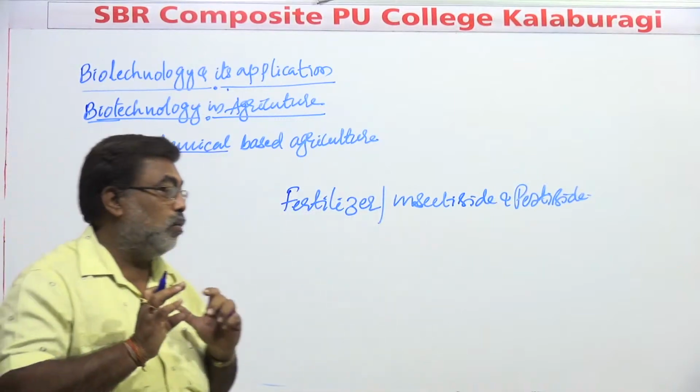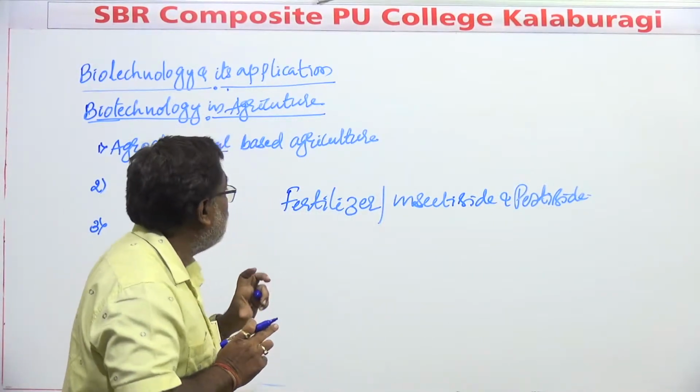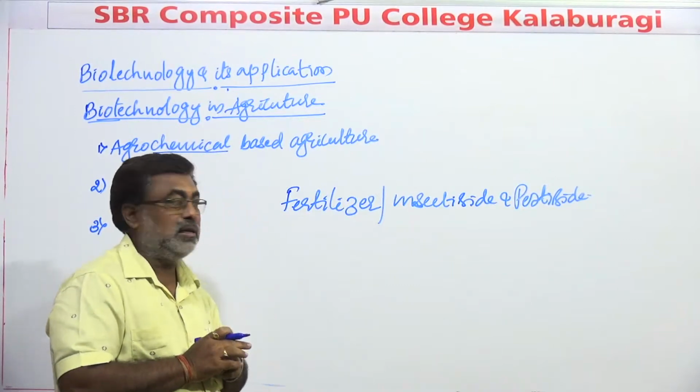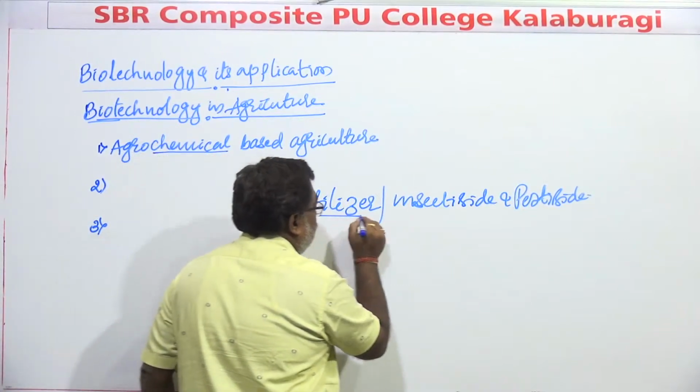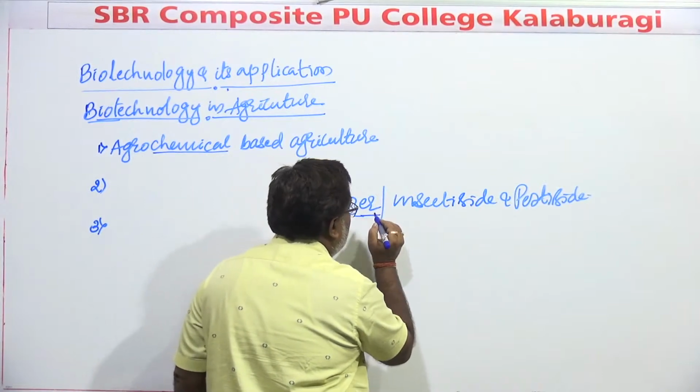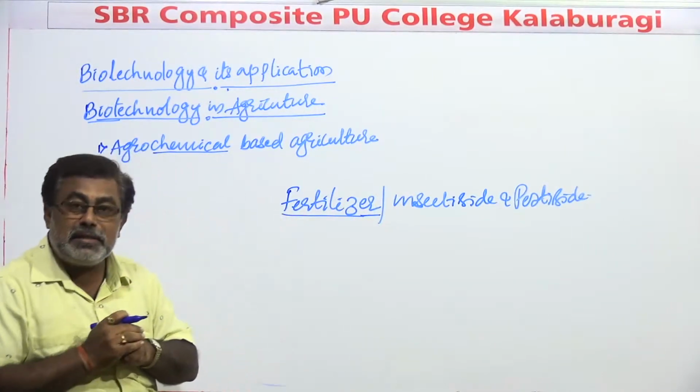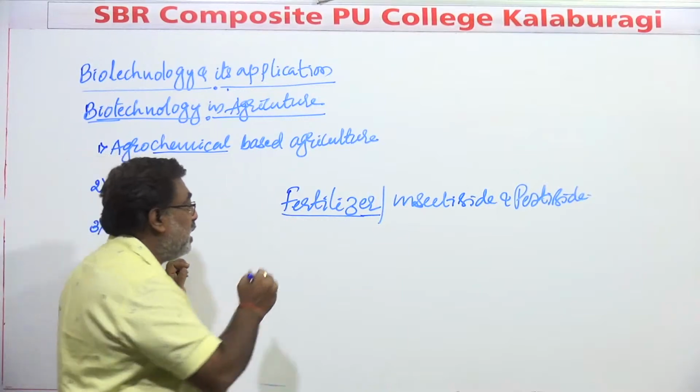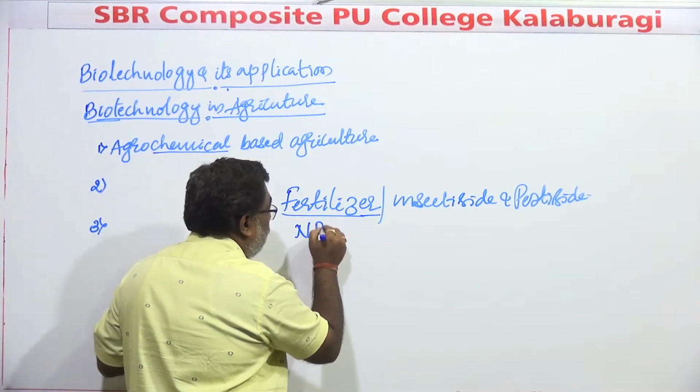So these are the chemicals used in agriculture. The fertilizers consist of the chemicals NPK.